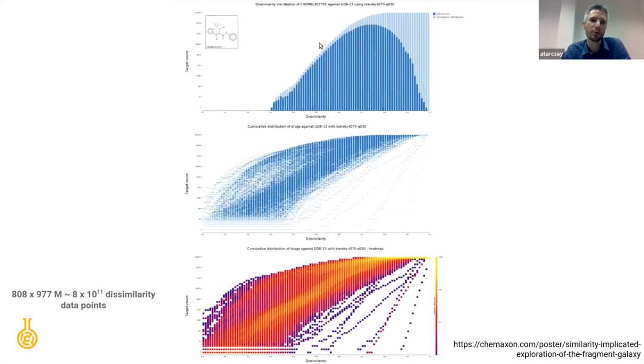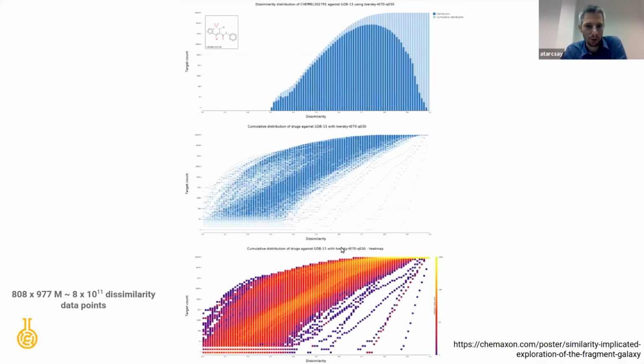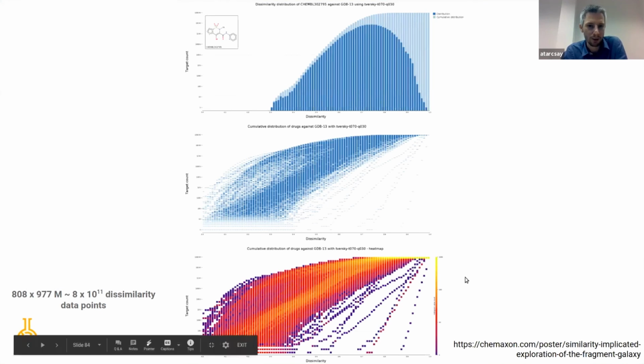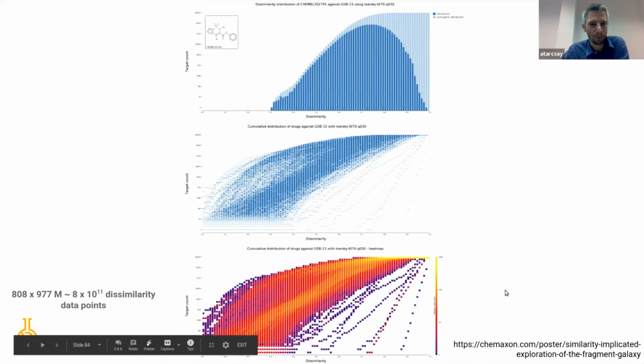So you can calculate it for a single molecule, or you can overlay calculation in a cross screening of multiple molecules. What we did in this case, we compared GDB13 to a subset of drugs, and this is a colored histogram, a heat map histogram, where one point is colored according to the population at that point.